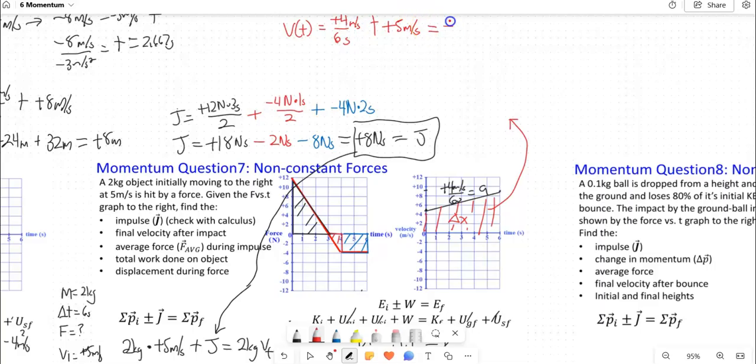So this is going to be positive 2/3 meters per second squared t plus 5 meters per second. So now when we integrate to find displacement from 0 to 6 seconds, we're going to integrate this.